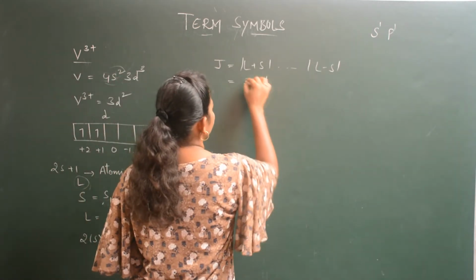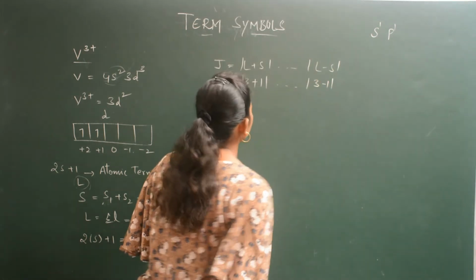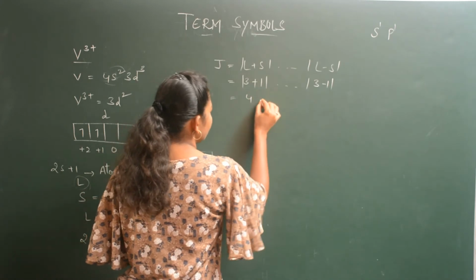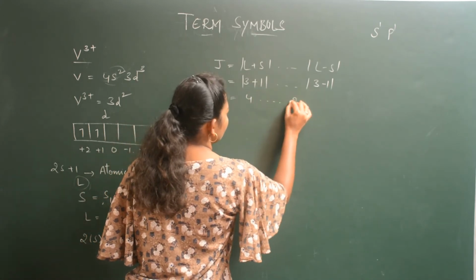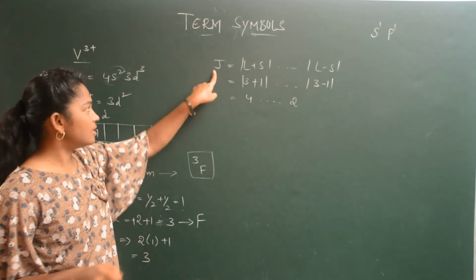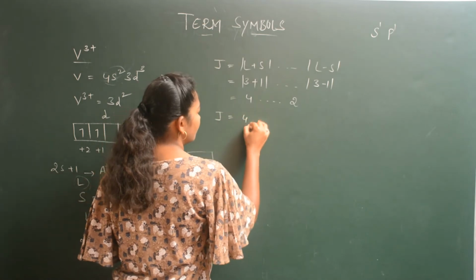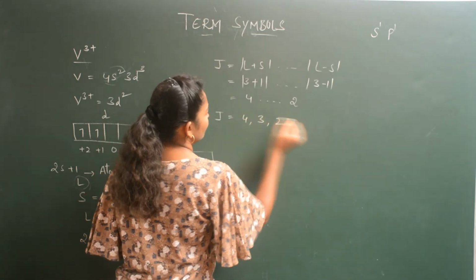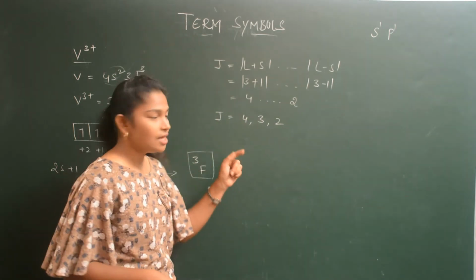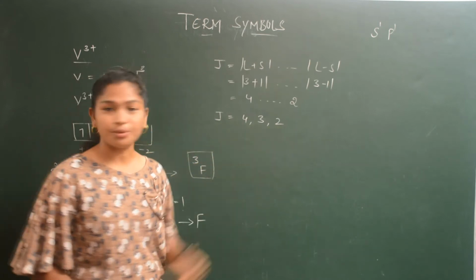So 1, to 3 minus 1. Now here 4 you will get, and so on to 2. 3 minus 1 is 2. So what are the possible values for J now? J is equal to 4, 3, 2. So in between 4 and 2 you will have the value 3, right? So the possible J values will be J is equal to 4, 3, 2.